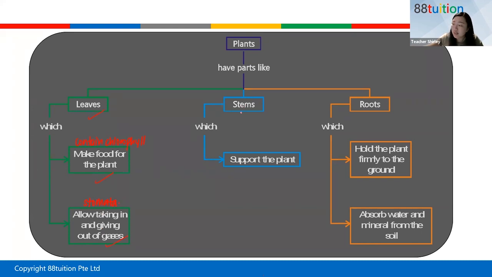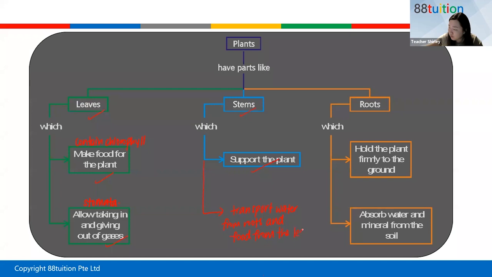Okay, then for stems, the function is to support the plant upright, but there is also another function which you will learn in primary 5. And that is to transport water from the roots and food from the leaves, right?